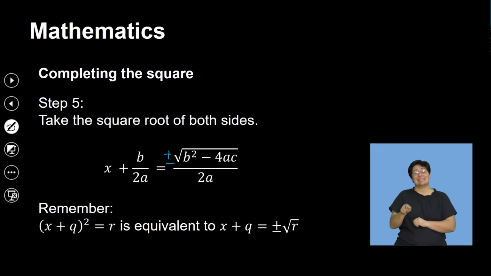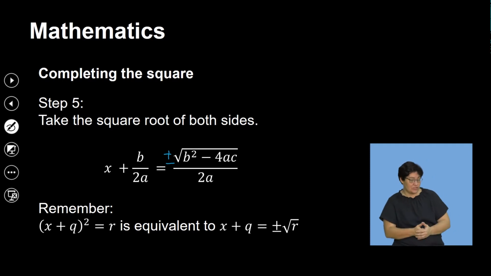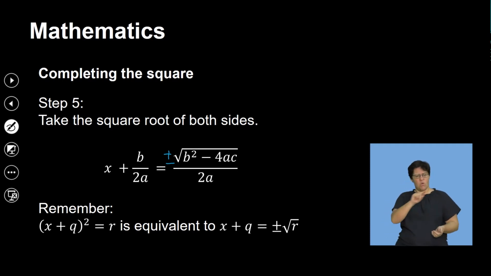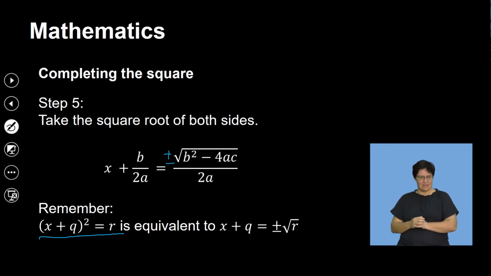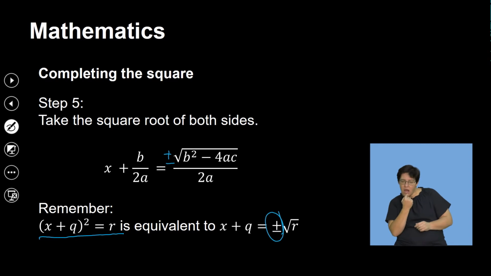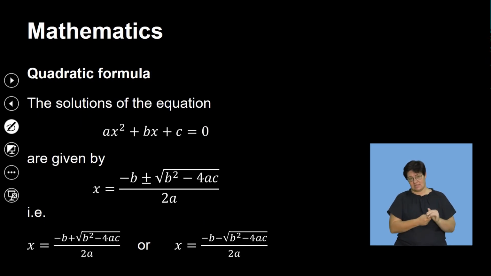I did tell you that. Now, why am I making you understand this? Look at this. If I have x plus q all squared is equal to r, this is the same as x plus q equal to plus or minus the square root of r. That's very important, guys. This plus or minus is really, really important because it's what makes you get full marks, right? If you don't have the plus or minus, then you will get your 3 out of 4 marks because the last answer would then be wrong.